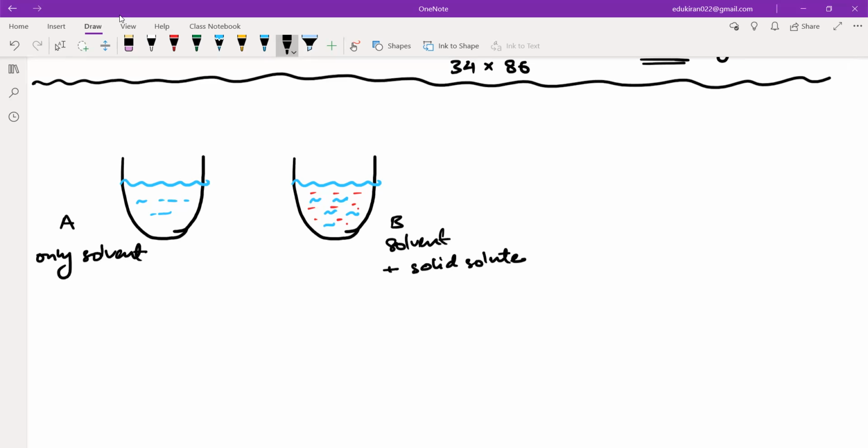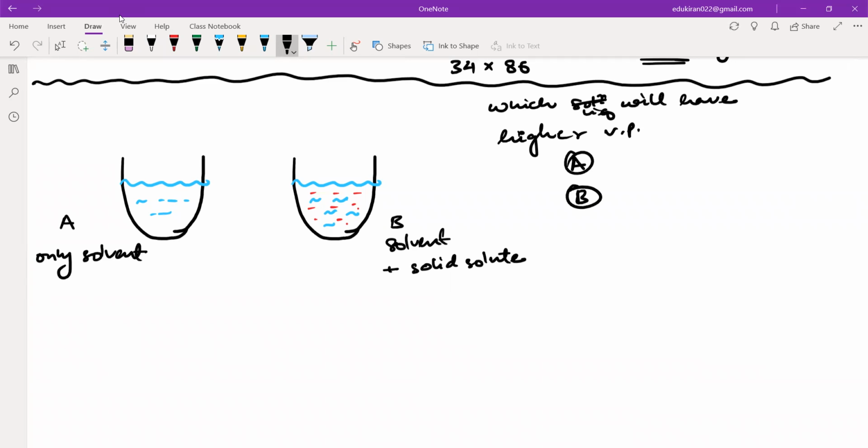The first question is, which liquid will have higher vapor pressure, A or B? Answer me in chat.